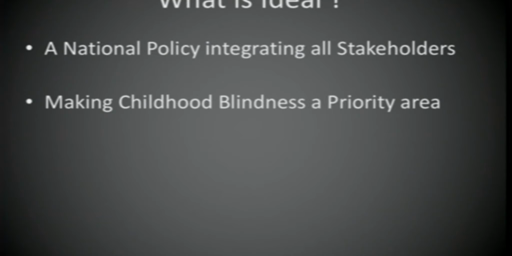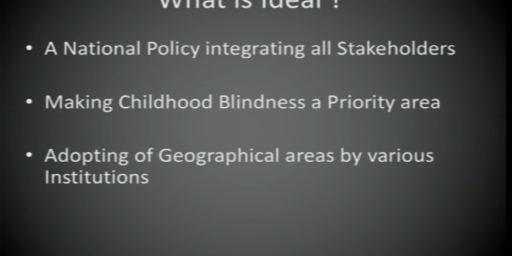So if we can make childhood blindness a priority area, for the obvious reasons that we are converting a curable blindness into an incurable blindness just by the delay, and also in terms of economics, the best return on investment in eye care is in the pediatric area. And obviously we need to have some kind of adoption by different institutions, because we have so many institutions of repute in India.